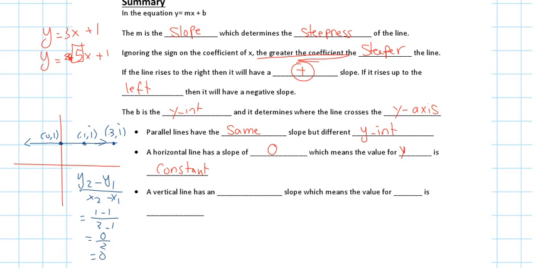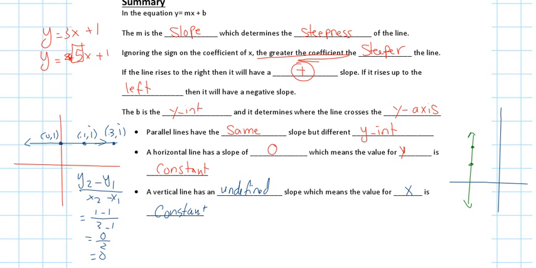A vertical line has an undefined slope. And that means that the value for x is constant. Undefined is because I can't divide by 0. Okay? So if you look at a vertical line, for example, your x values are going to be the same.